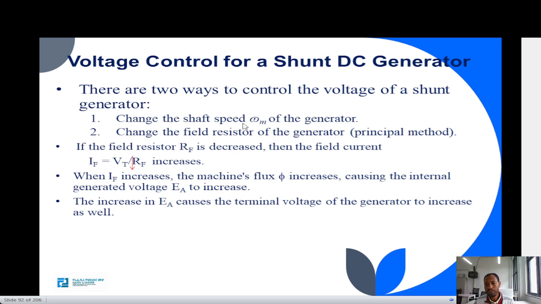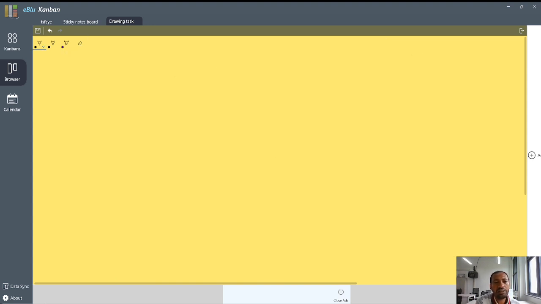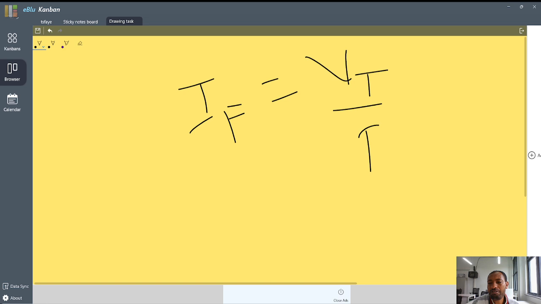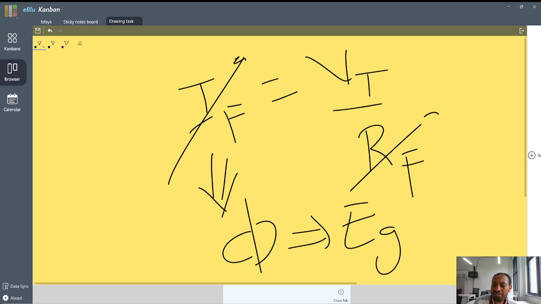As we know from the equation, when we affect RF, the field resistance, obviously we will affect IF, which is VT over RF. IF affected means the flux inside the machine gets affected. Flux affected means the internal generated voltage gets affected.